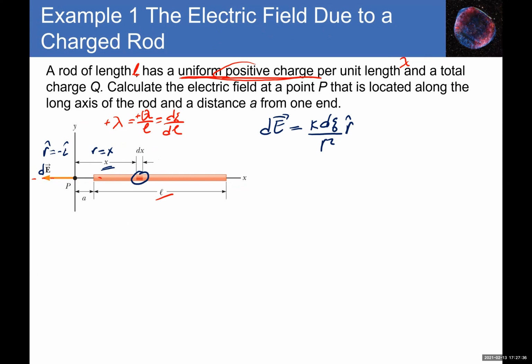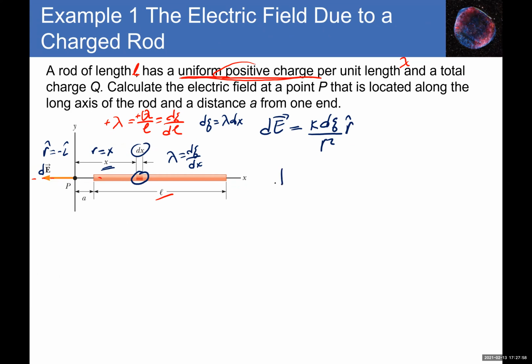Also, I can see that dq is equal to lambda dl, but since it's horizontal, I can say it's lambda dx. That means lambda is dq over dx, and dx is the size of my small element.